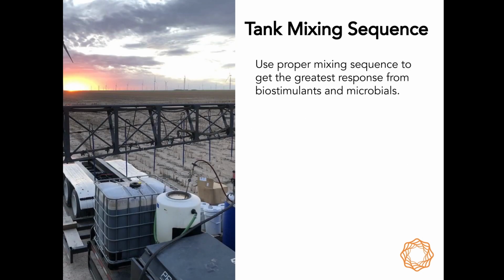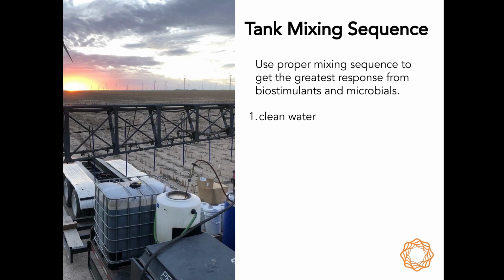We should also think a little bit about the mixing sequence, because if we produce tank mixes in the wrong sequence, then we can really suppress the activity and the response from biostimulants and microbials. So the correct tank mixing sequence is, first, we begin with clean water. It's the first thing in the tank, and we want to have the tank mostly filled.